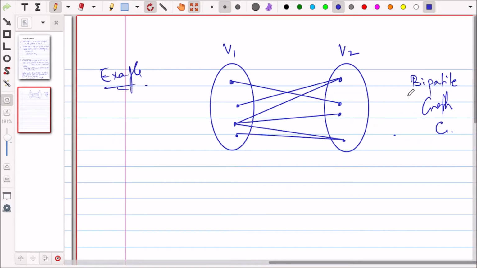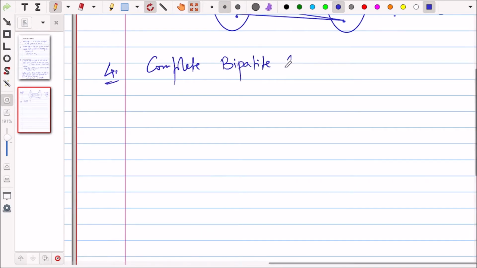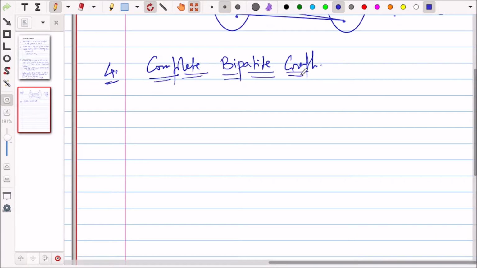Then we have complete bipartite graph. Complete bipartite में क्या होगा? Yes, bipartite है और complete है, so क्या होना चाहिए उसके बीच में?